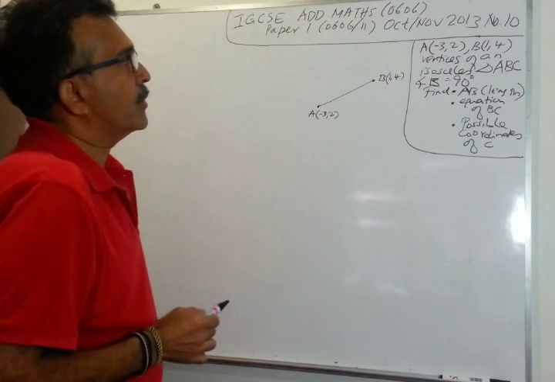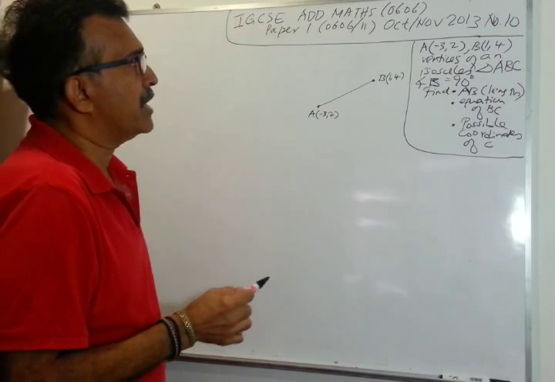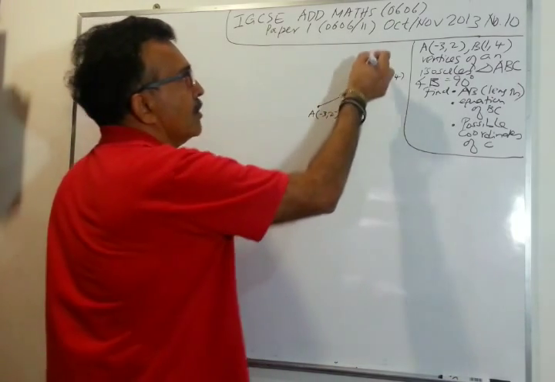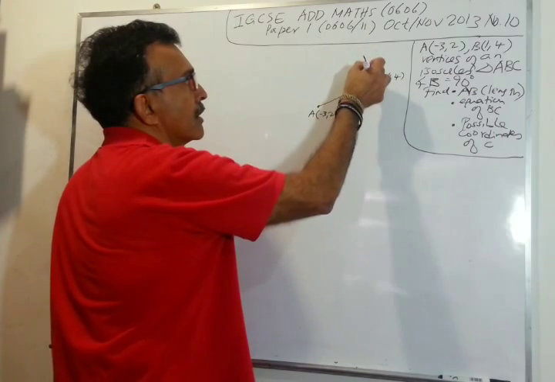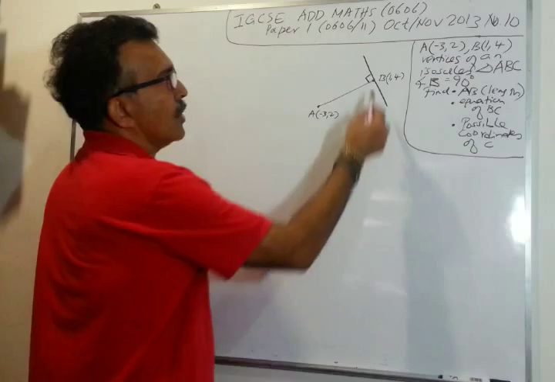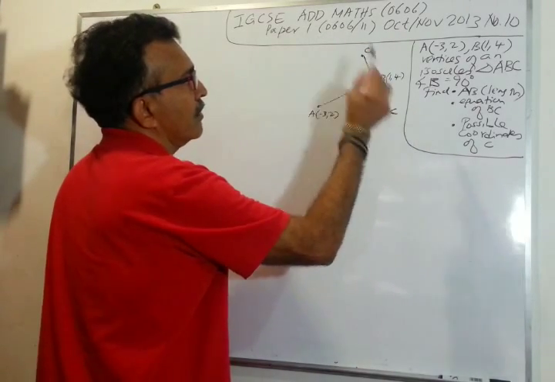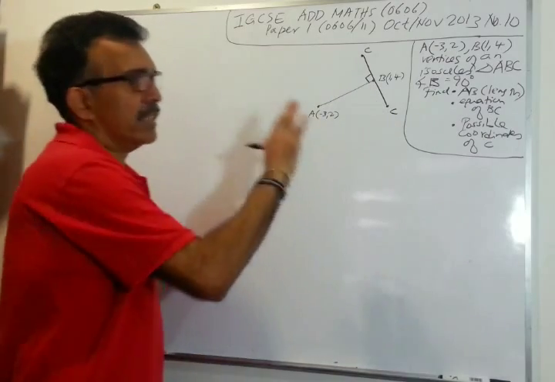We have an isosceles triangle ABC with angle B 90 degrees, so let's go ahead and draw it. C can be here or here. Let's leave it there first.